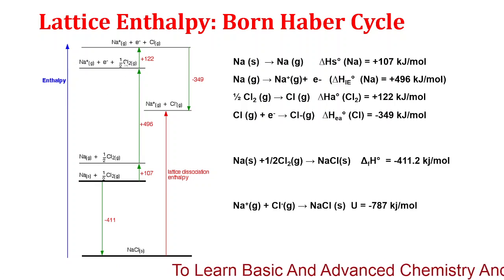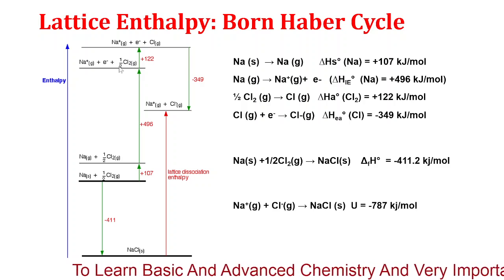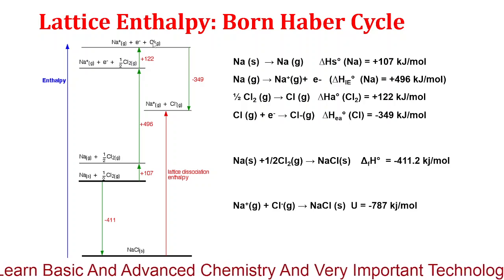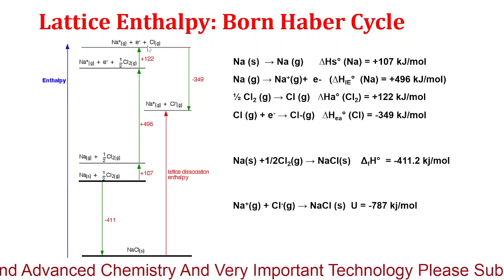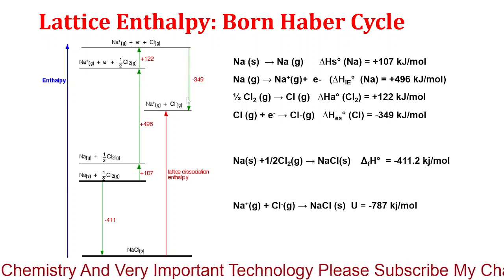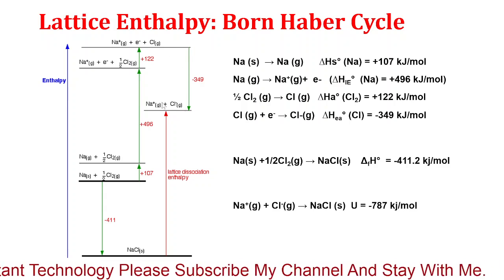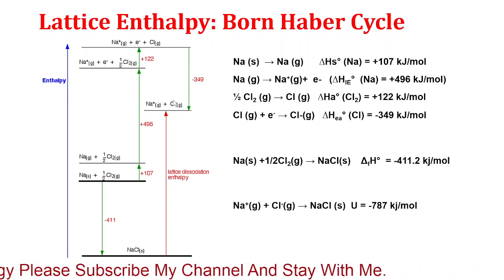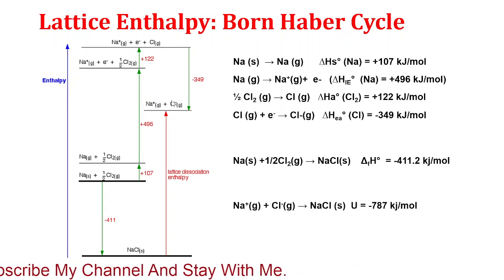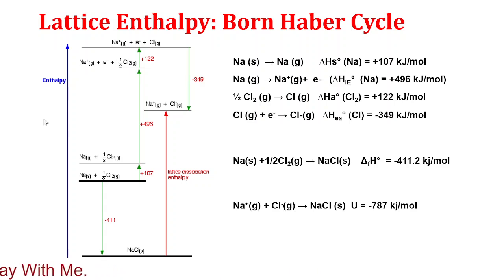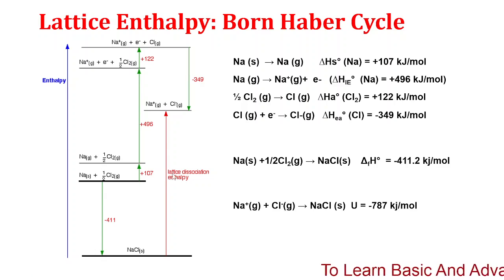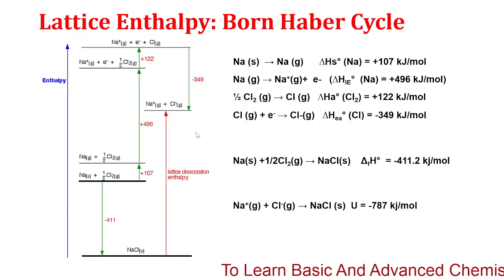Then the chlorine molecule will be converted into chlorine atom, then this chlorine will gain the electron to form chloride ion, therefore the energy will be even lower. So now if I ask you to draw the structure this way, you don't need to give the values, just write down the steps to make the lattice of magnesium chloride, if it is possible.